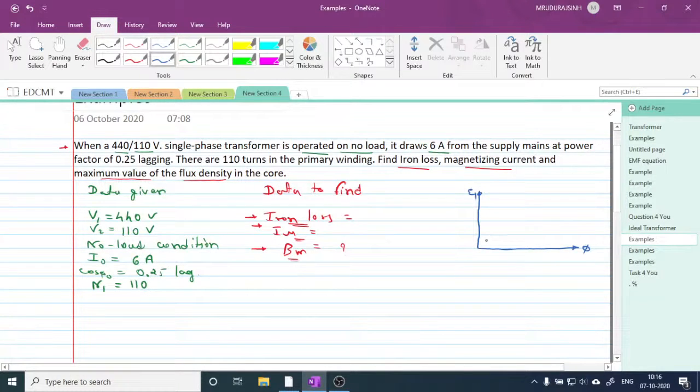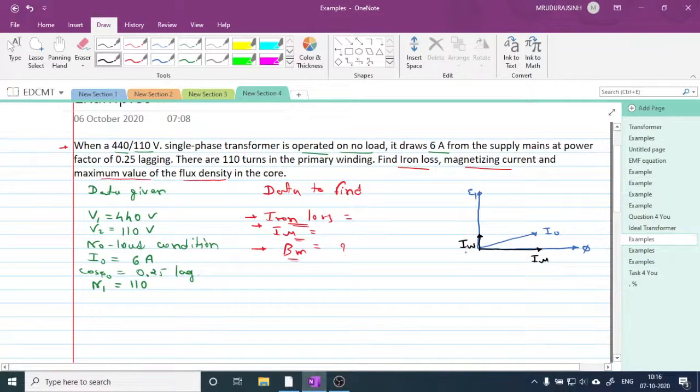Now the no load current is basically this, we call it I0, and this I0 has two components. The first component is the horizontal component, known as I mu, which is the magnetizing component, and the other component is this, which is known as IW.